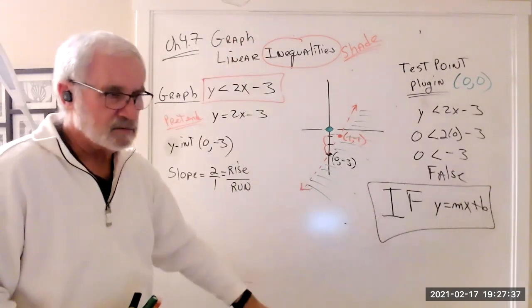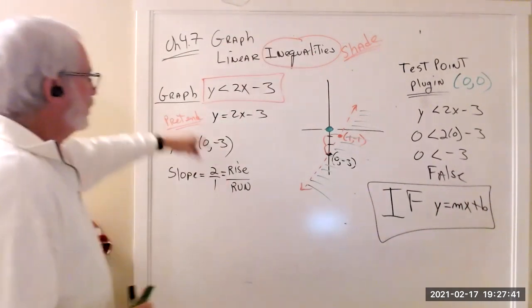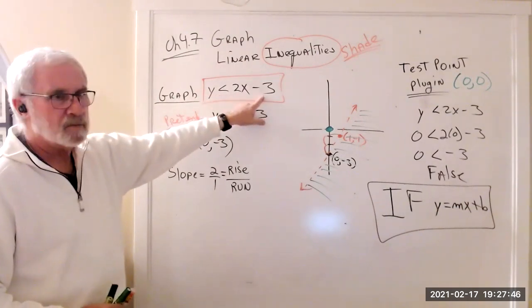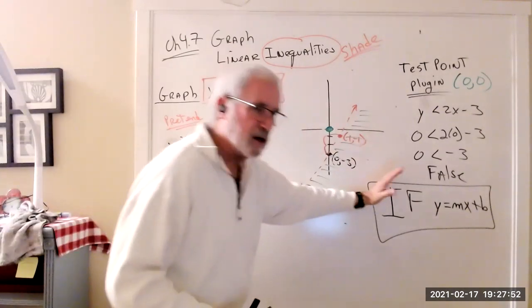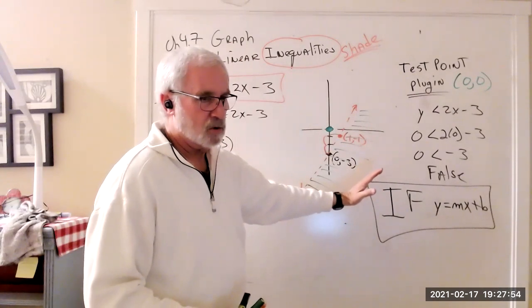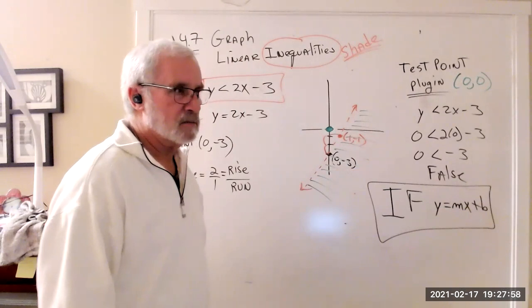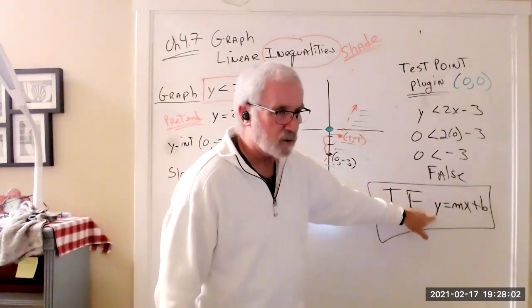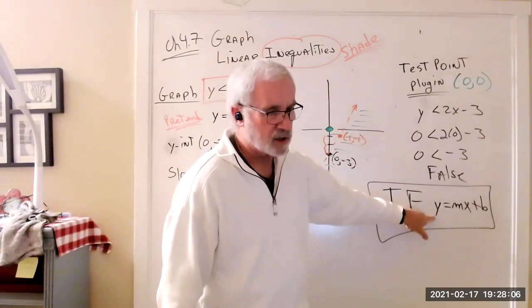Less than, below, greater than, above. So look at this original problem. It's in slope-intercept form, y equals mx plus b. It says less than, we should have shaded below. And we did. And it's as easy as that. But it's very important. It's got to be in y equals mx plus b format. If it's not, you can't use that shortcut.